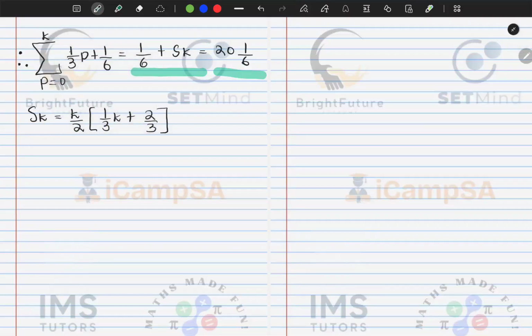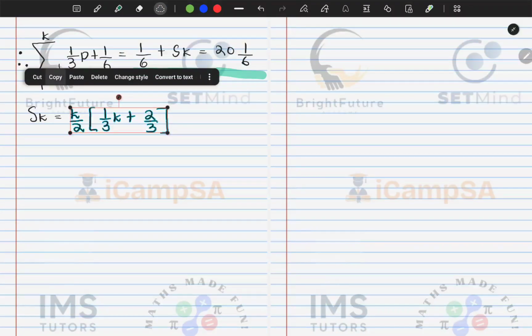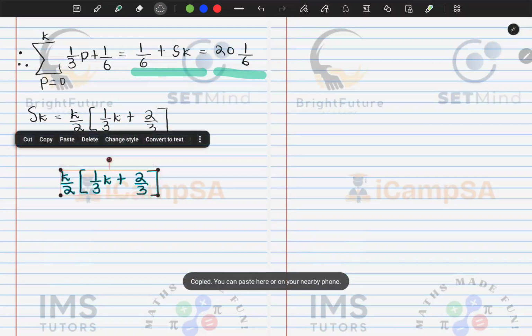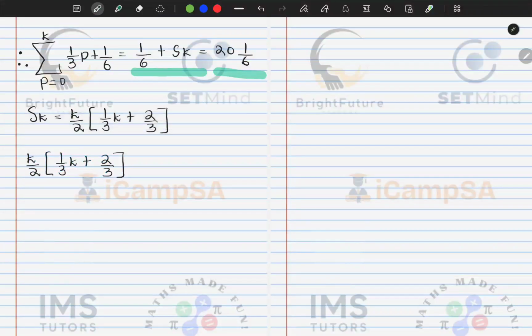So let's go ahead and solve for k now. If you observe carefully, on the left hand side, we are going to have sk, which is all of that, and then plus 1 over 6, which is equal to 1 over 6. So I'm just going to quickly multiply through here.